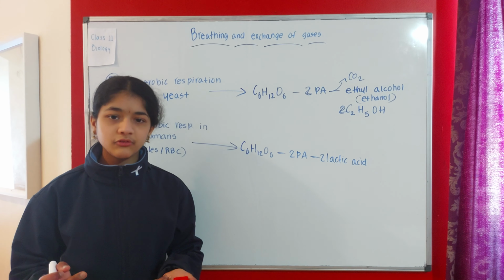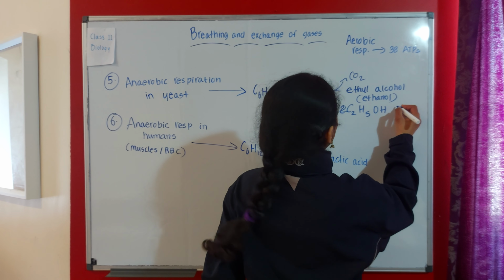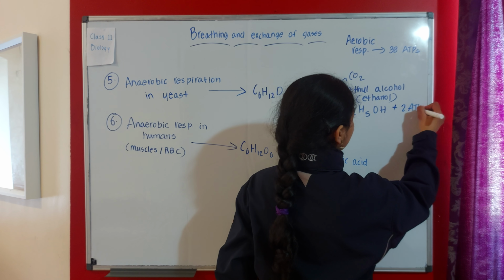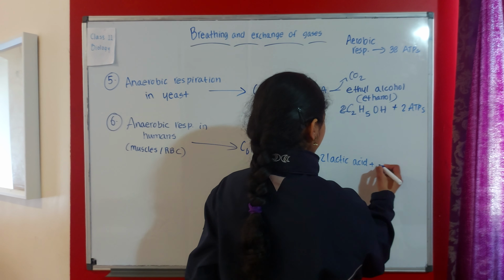There 38 ATPs are released. Now in anaerobic respiration in yeast, as well as in humans, that is in muscles or RBCs, in both reactions 2 ATPs are given out.